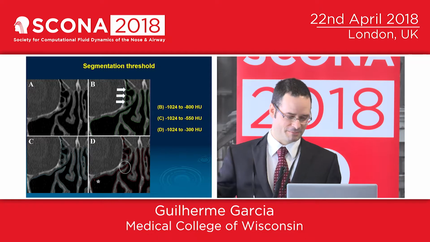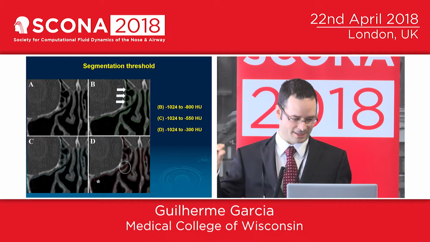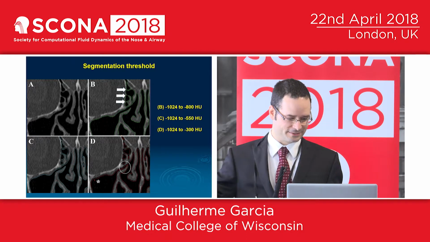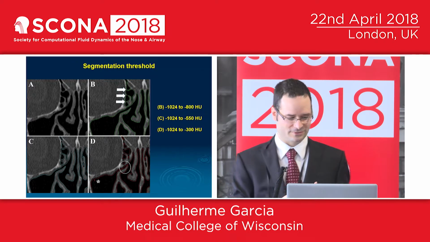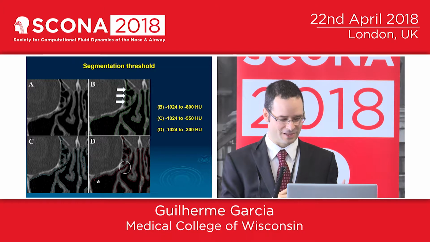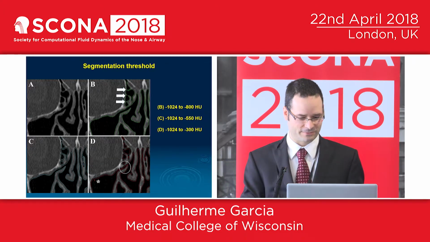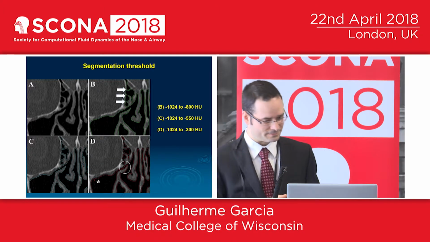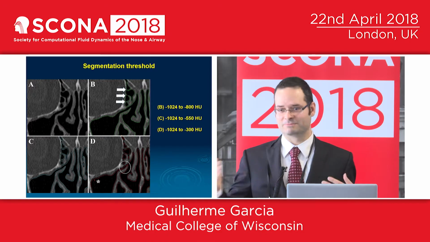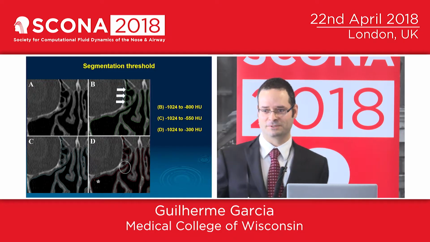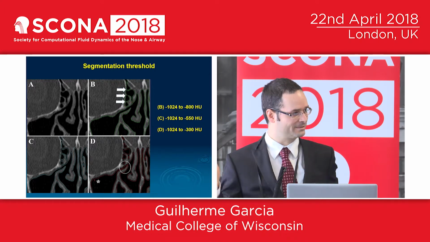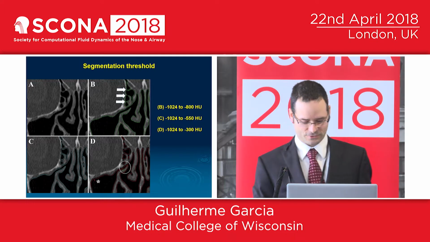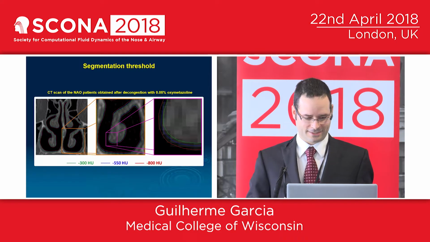On the other hand, if you go to the minus 300 range, wherever the airway is very narrow, you start to lose those connections, and it looks like there's no airway, but there's actually an airway there. So there's some range where you can get good 3D models, but it's hard to say exactly what reconstruction threshold you should use.